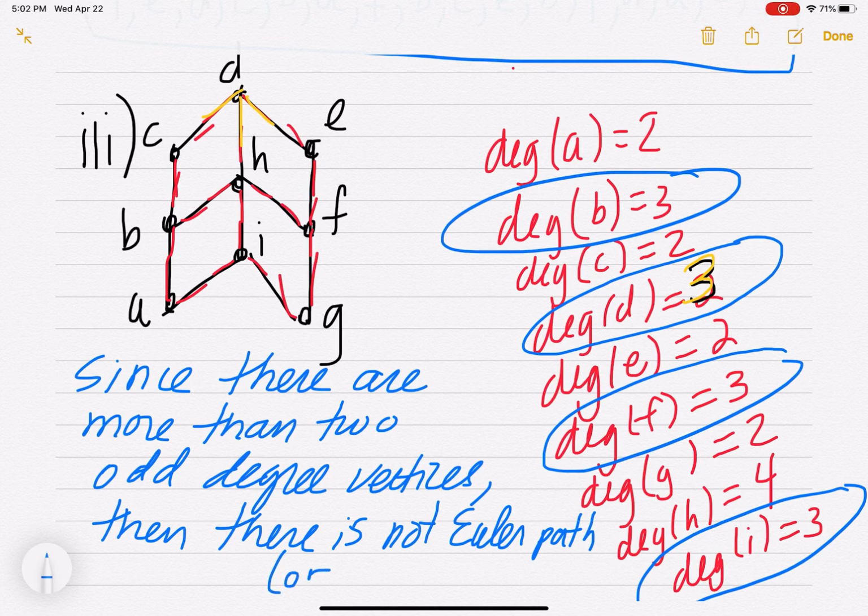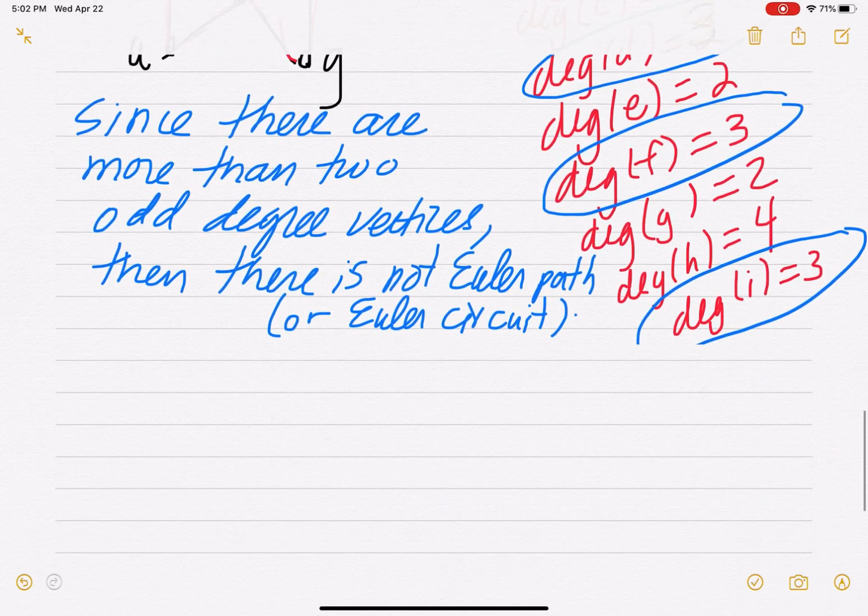An Euler circuit is a special type of Euler path. An Euler path that's not an Euler circuit has exactly 2 odd degree vertices. An Euler circuit has 0 odd degree vertices. So if you have more than 2 odd degree vertices, you will not have an Euler path or an Euler circuit at all.